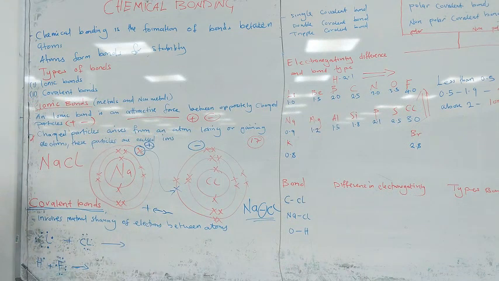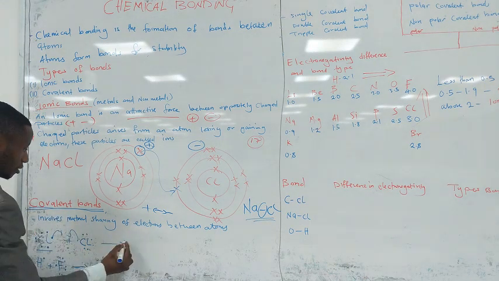Let's look at this example. Chlorine exists as a diatomic. So when a chlorine atom and the other chlorine combine, they form a bond. What happens is that this chlorine gives that electron, and also that one, so when these combine, they form a bond. Each one participates.